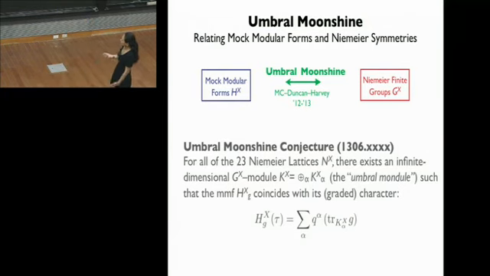And I should say that this is not actually wishful thinking. We tabulated hundreds and hundreds of the first few coefficients of the representations, and it all seemed to work, but it's not proven in general.